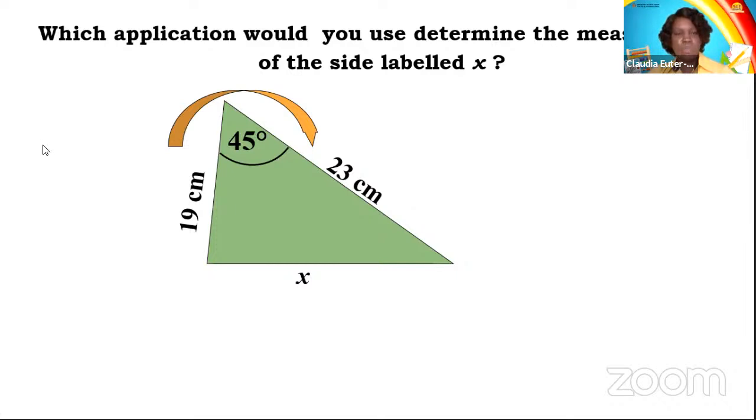And for the persons who responded to this question, tell me what your answer was again and why did you choose your answer? Some persons said sine rule, but I think most persons said cosine rule. And why did you say cosine rule, for the ones who said cosine rule?